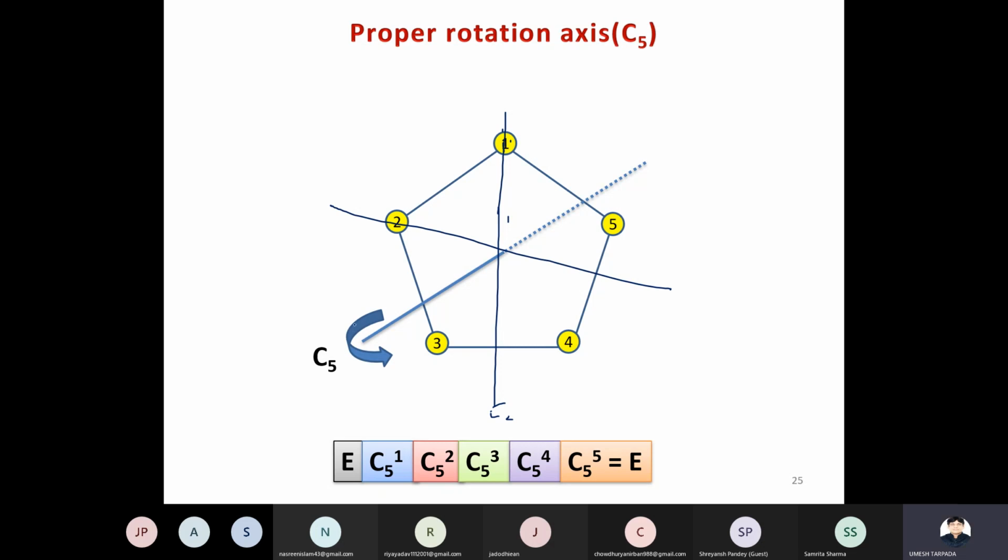This is, you can have a third C2. And 4 C2. In this way, see, there are 5 C2. Okay, so these are the 5 C2.